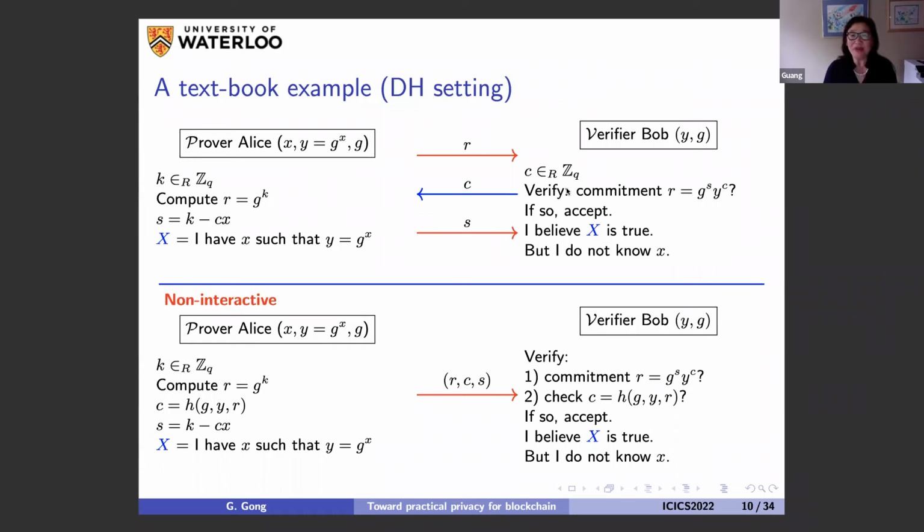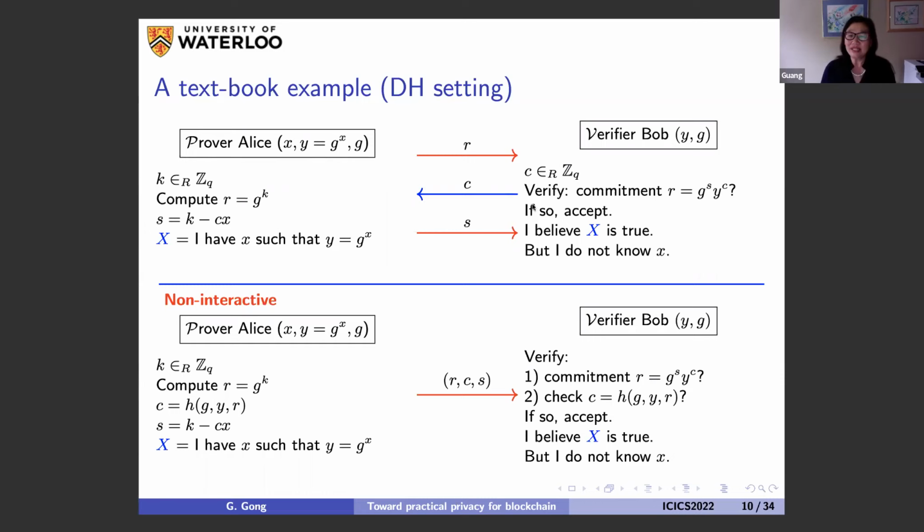Then Bob randomly picks C and sends it to Ines. Ines computes S, which is K minus C X, and sends S to Bob. Bob verifies whether R equals G to the S times Y to the C, because those are all values he knows without knowing X. If this is true, he believes she knows X, but he does not learn X.